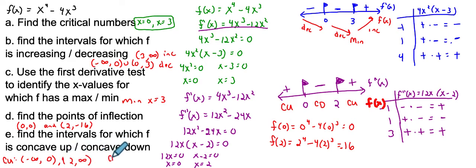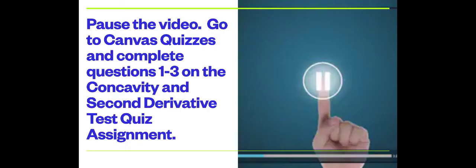And we'll be concave down in this piece here on our sign chart, so we're concave down from 0 to 2. Alright, so that's how you figure out your points of inflection and your concavity up and down. So we'll pause this video.